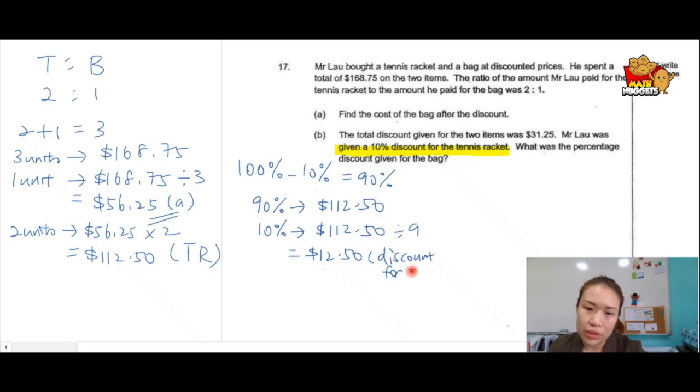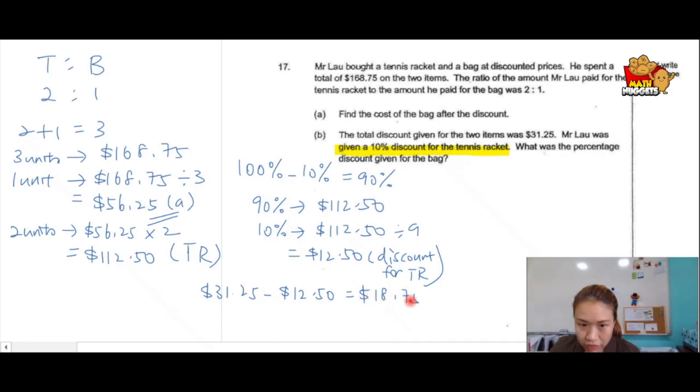Discount for TR. The question tells us that in total, the discount given was $31.25. So I'm going to take $31.25 minus the tennis racket's discount, which is $12.50. That gives 18.75.